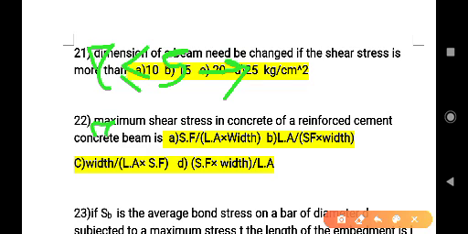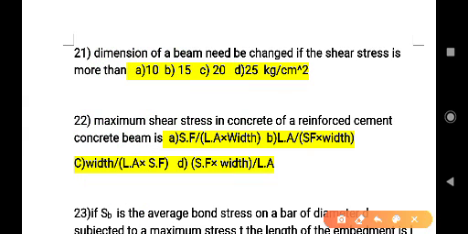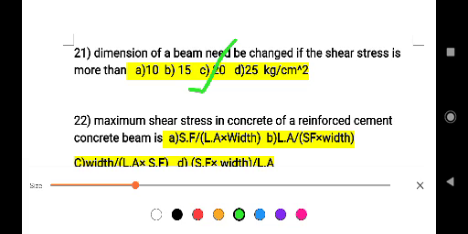And if tau lies between 4 to 20 kg per centimeter square, then shear reinforcement is provided. And if tau is greater than or equal to 20 kg per centimeter square, then the size of the section is changed. So here the right answer is option C, 20 kg per centimeter square.